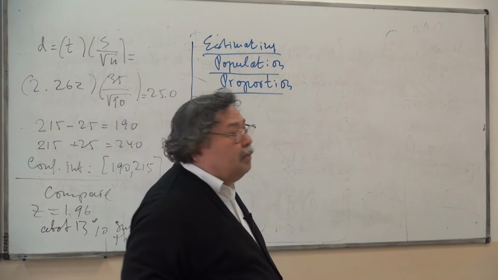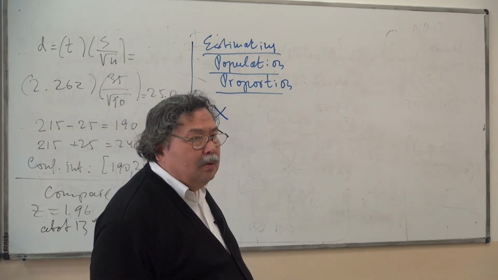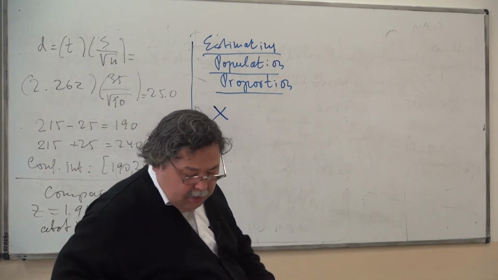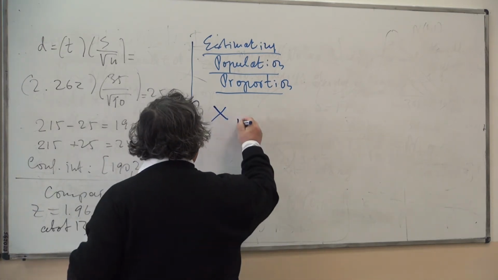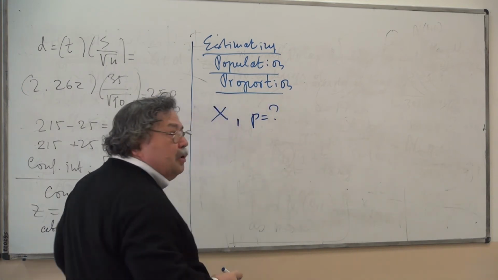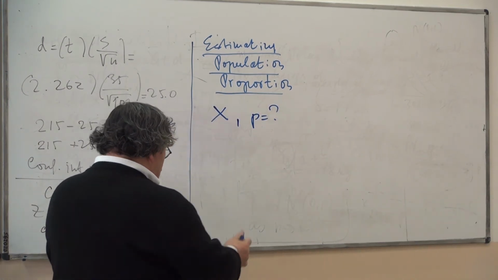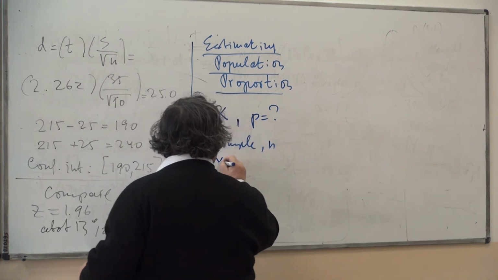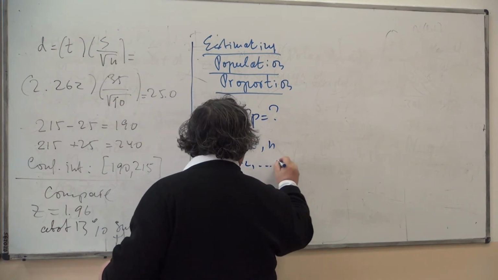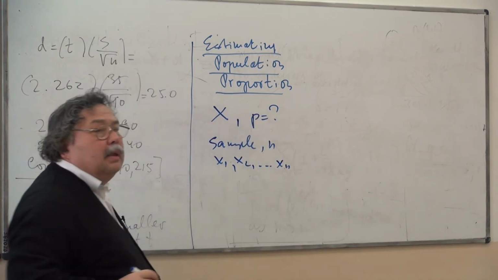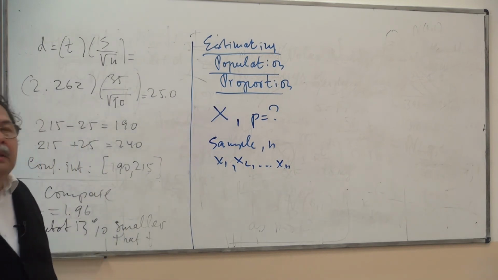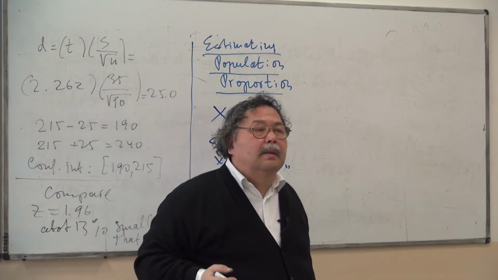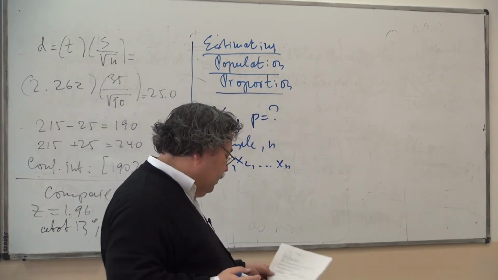All right. Now suppose the true proportion is not known and we want to estimate it on a sample. So the proportion is not known. We take a sample of size n, x1, x2, ..., xn. And because x is of Bernoulli type, each of these values is either 0 or 1, binary variable.